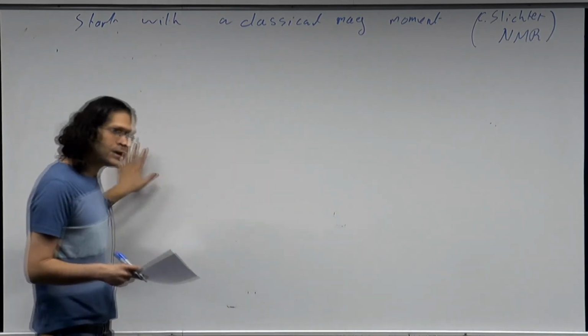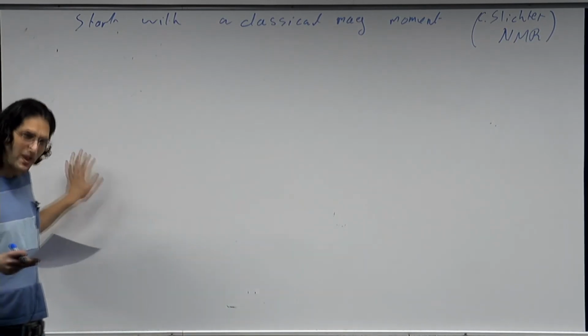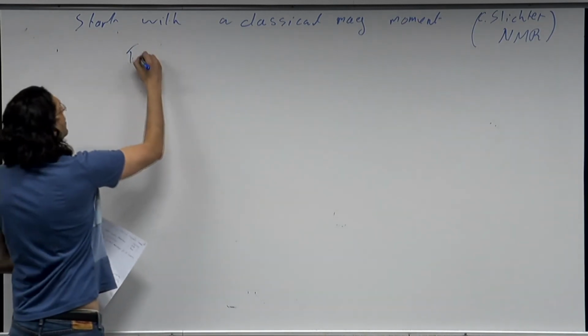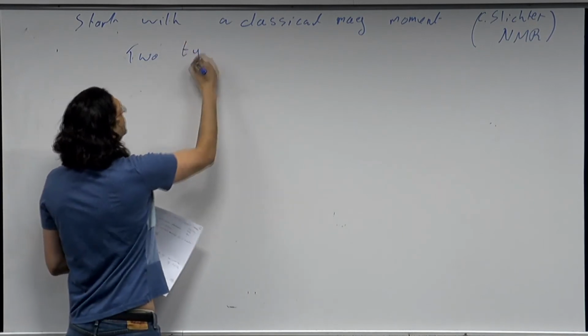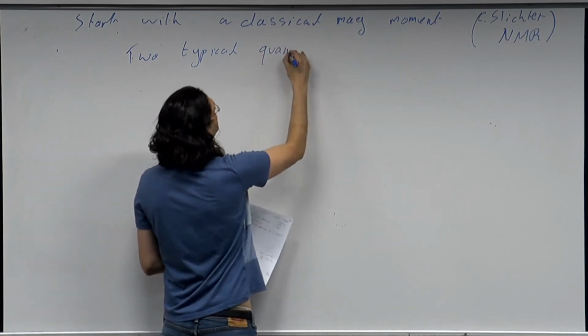So we will get intuition from a simple classical example that you might have seen before and is easy to do. And specifically, what I want to do is show you on this classical system two typical quantum phenomena.